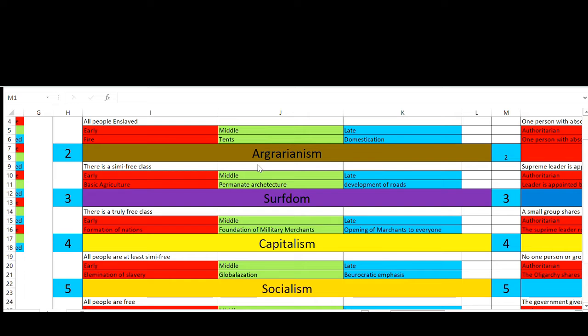You don't have a free class yet, but that starts to form after late stage agrarianism, which is the development of roads. Now, why do you think roads are important in an agrarian society? Well, the primary reason is that roads allow trade between different communities. So think about it this way. Let's say that your particular village got flooded, and so all of your crops got destroyed.